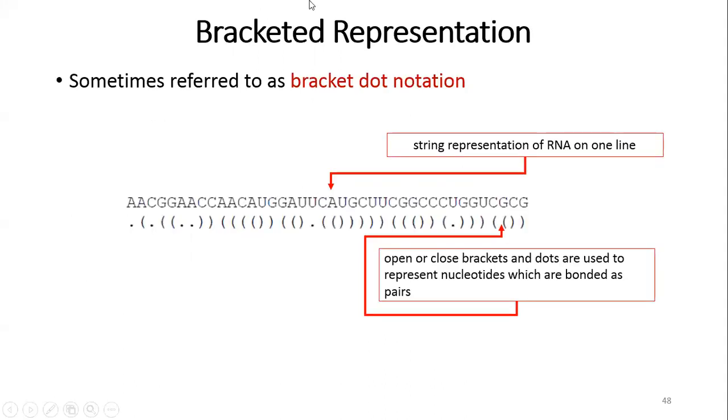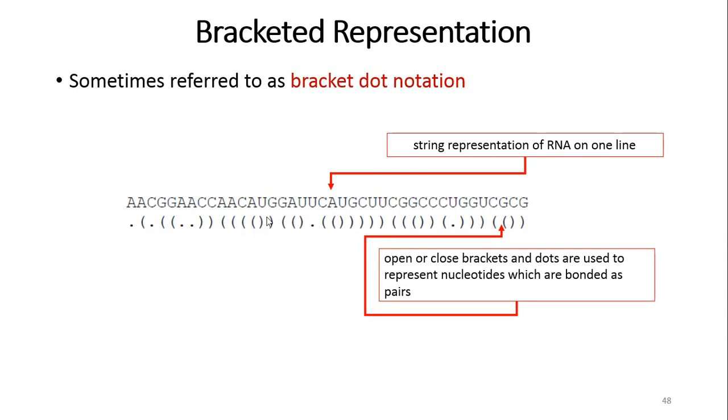Okay, then along with string representation, a new methodology was devised, what we call bracketed representation. Sometimes it is also referred to as bracket and dot notation. So what we have is the simple string representation of RNA on one line, and adjacent to it, we open or close a bracket and place a dot for representing the base pairing that would happen in your RNA.